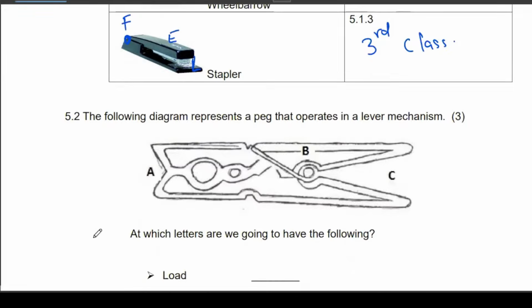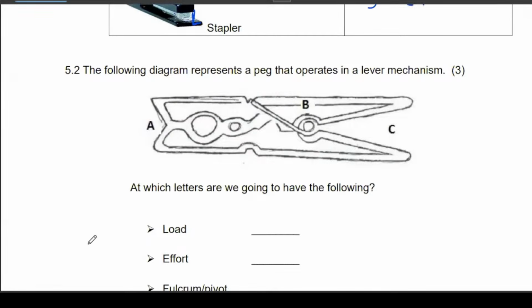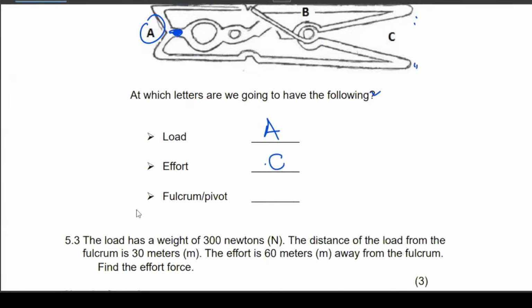The following diagram represents a peg that operates in a lever mechanism, especially those plastic ones. We have A, B, and C. At which letters are we going to have the following? Number one, the load. The load, chances are high, is going to be at the end of A. And then the effort, your hands must be this side by C, and then the fulcrum is B.